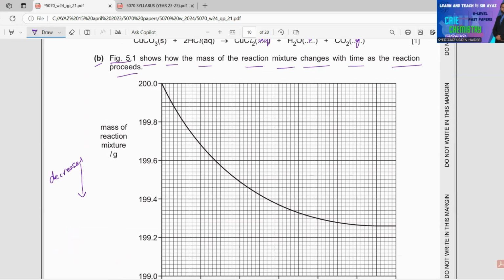So you will have a steeper gradient initially, and you have to start the line at 0. You have to start from this point, and end at the same final mass. So here's the final mass. It will be like that.